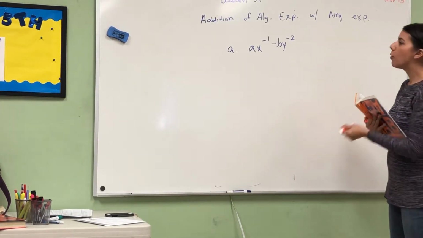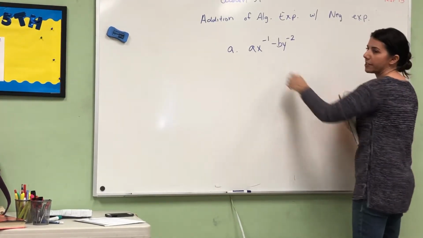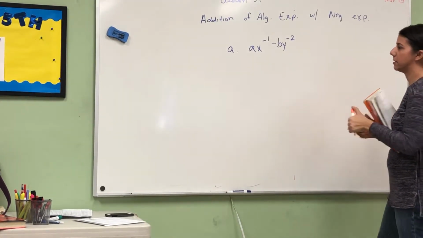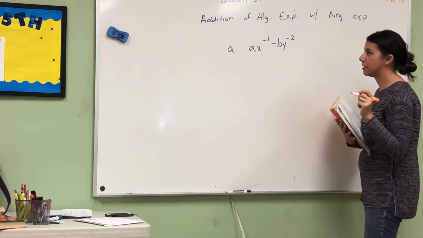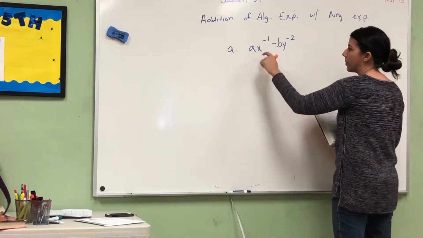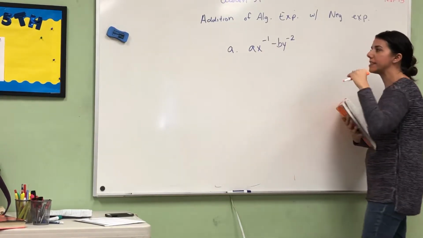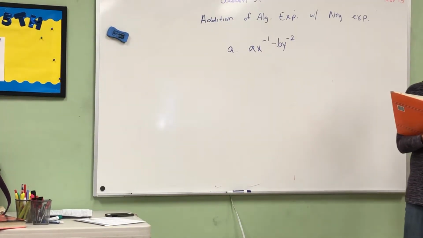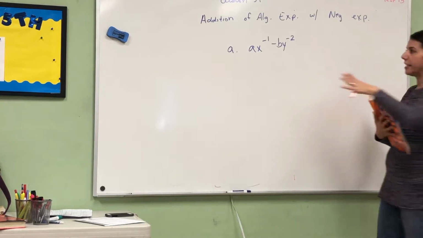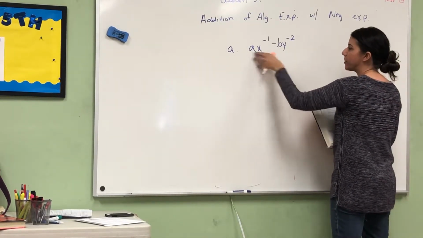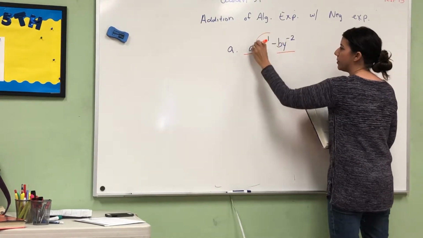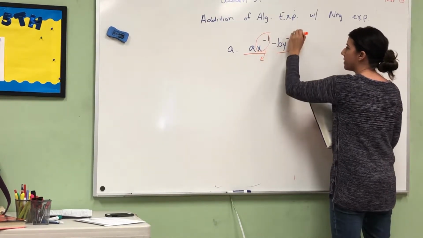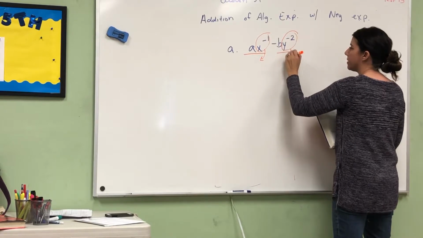Okay, so which one of these variables is in the wrong place? X or Y, because it has a negative exponent. There's two places in a fraction, it can either be the numerator or denominator. There's an invisible denominator here, but it's there. So that means we need to move the x to the denominator and the y to the denominator.